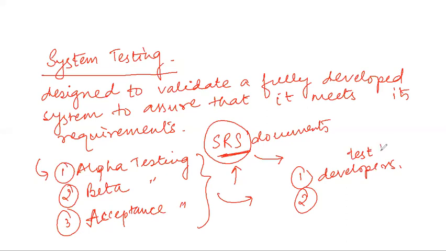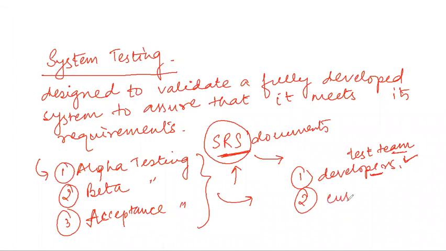Here only we have the test team. Actually, developers is not the word. Alpha testing is carried out by the specialized test teams inside the developing organization. Okay, so the test team works for alpha testing, but for beta testing, the test team doesn't work.